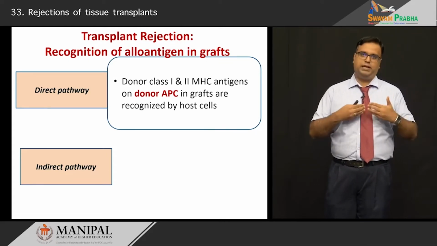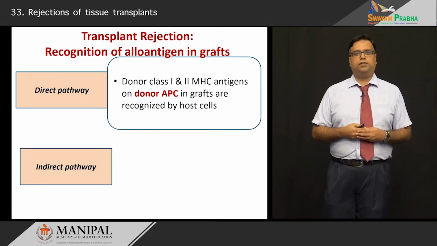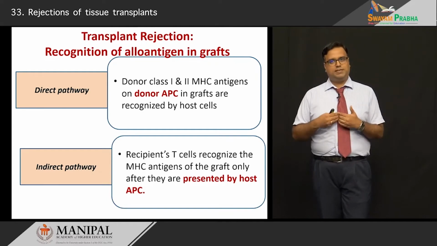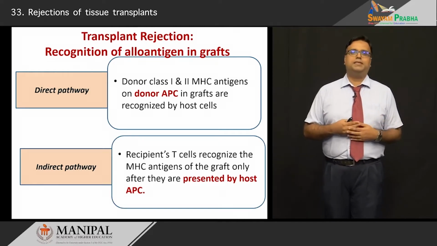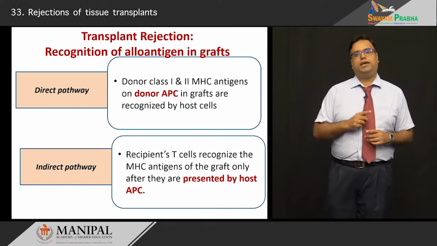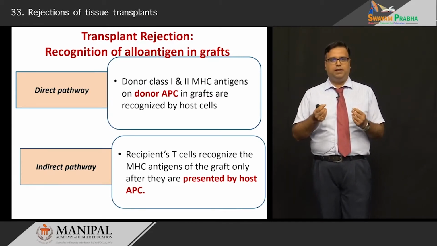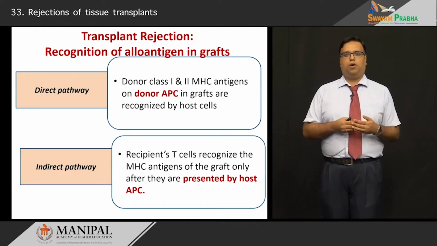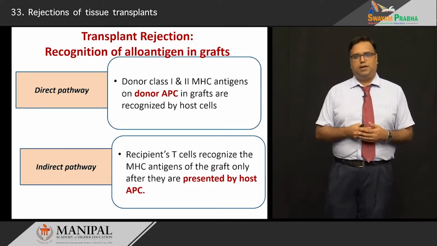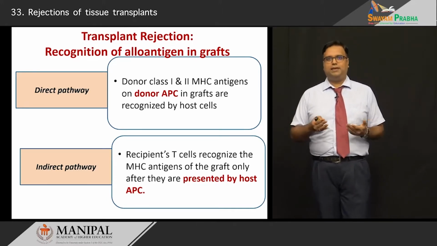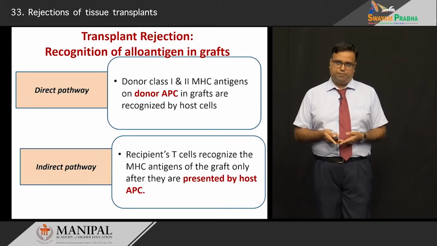So, the host cells will encounter the molecules on the graft cells. The indirect pathway is that the recipient's T cells will recognize the MHC antigens of the graft only after they are processed and presented by the host cells. So, it's a technicality basically how the antigens on the donor cells are presented to the recipient. That decides whether it's direct or indirect, but like I said, you can have a combination of both.